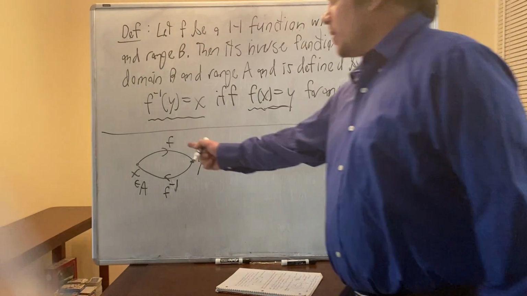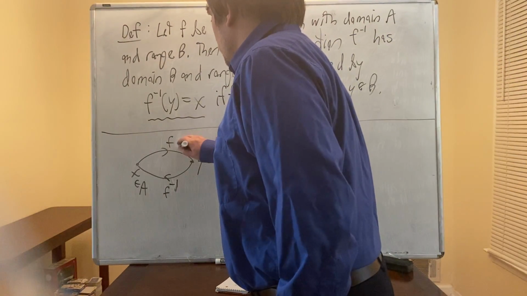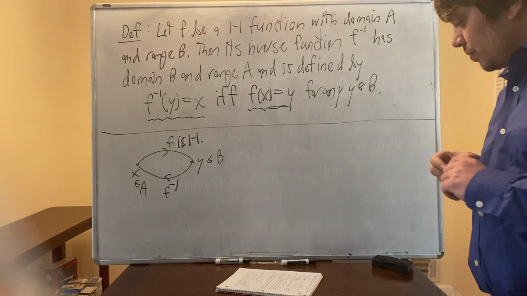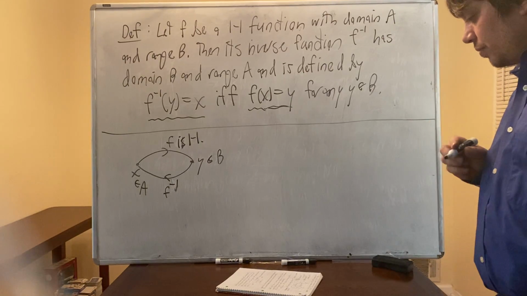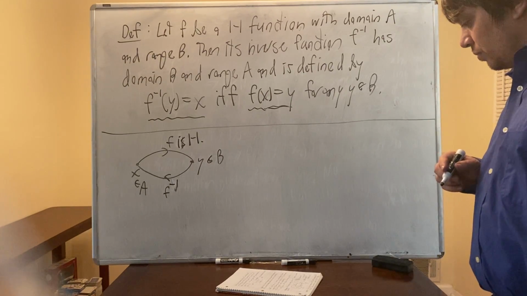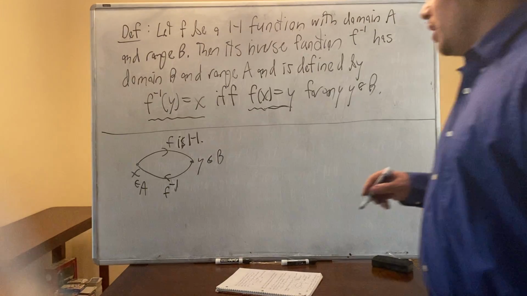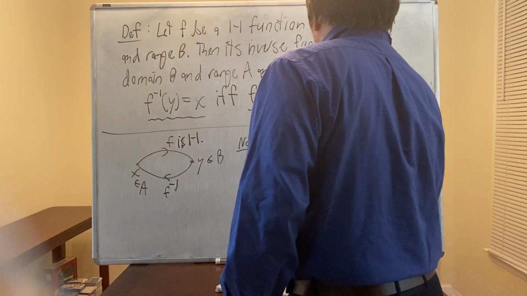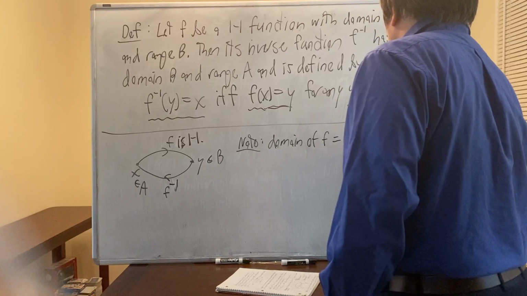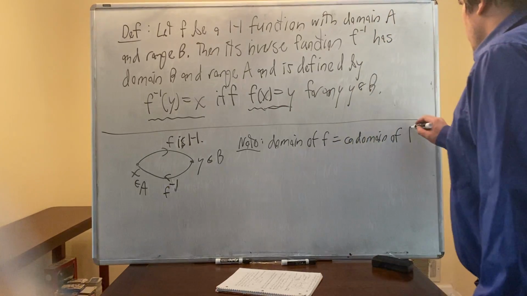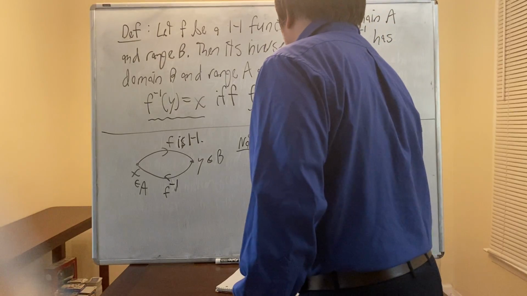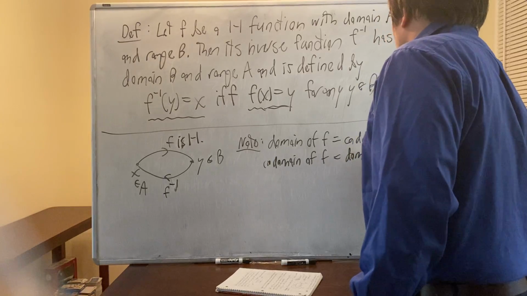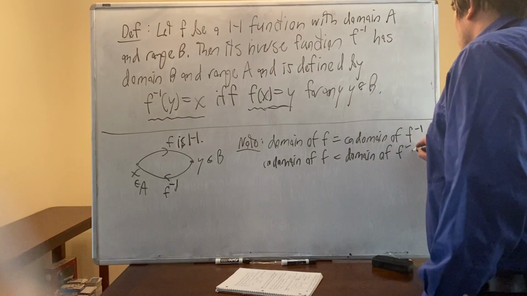Okay, here f is 1-to-1. So you need to have f to be 1-to-1 in order for this situation to happen. And note the domain of f equals the codomain of f inverse, and the codomain of f equals the domain of f inverse.